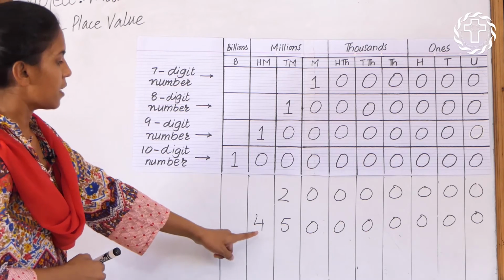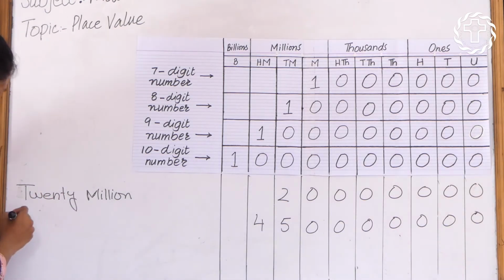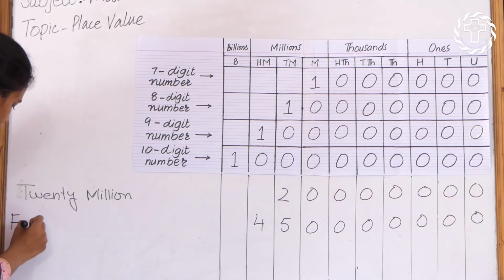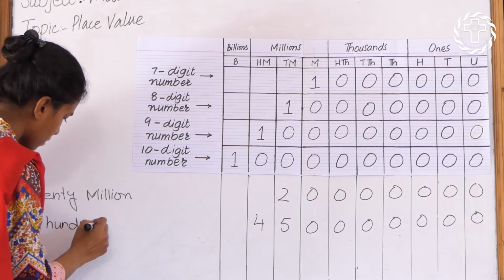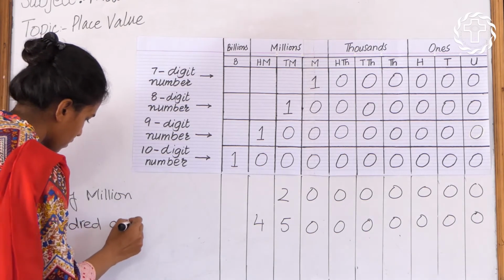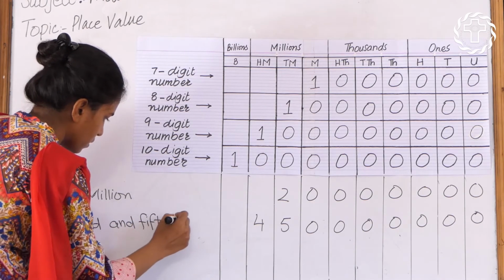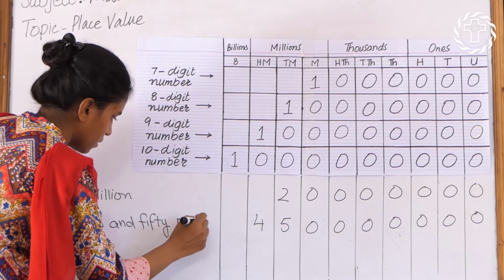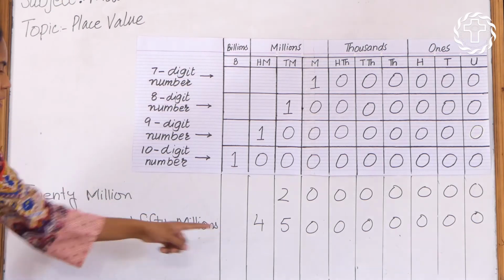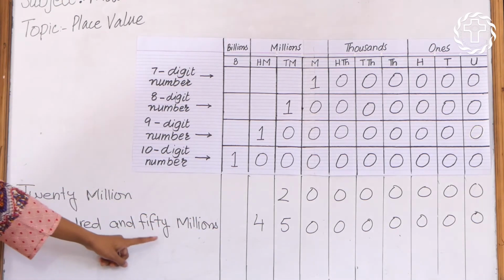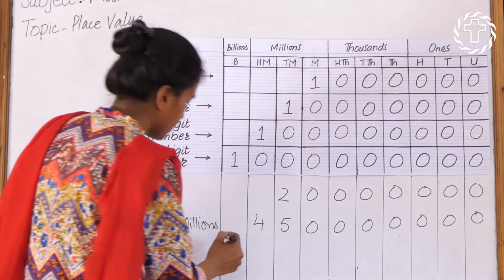We can say it is 450 million. We can write this number in words as 450 million. Let's take another example.